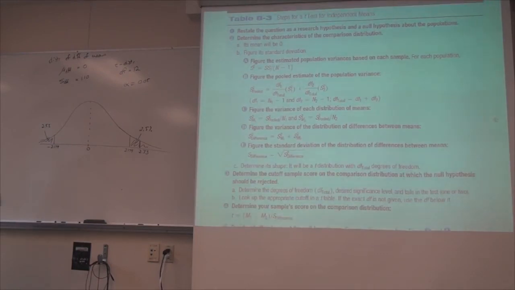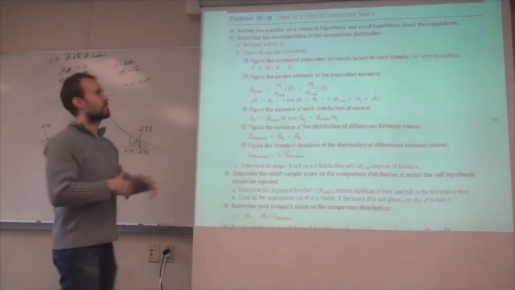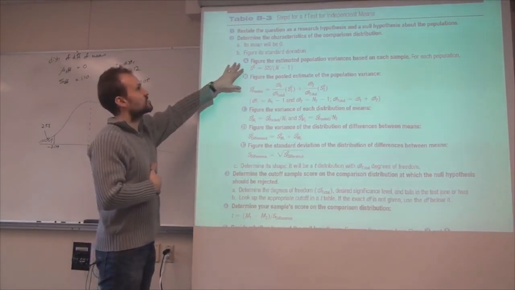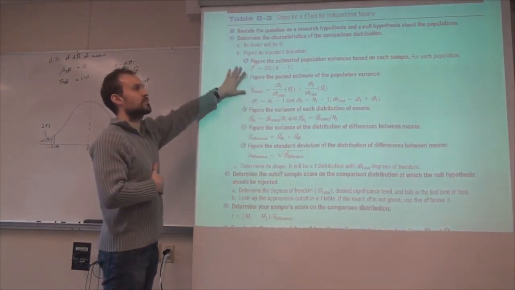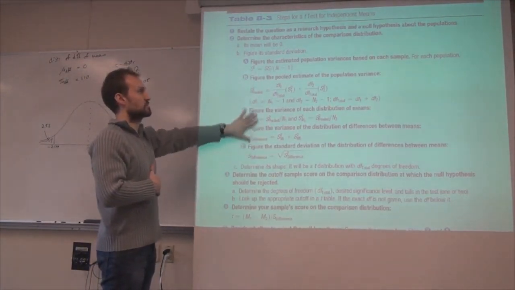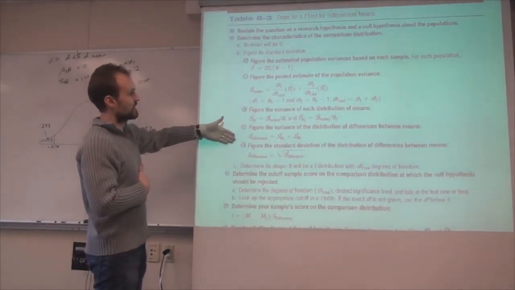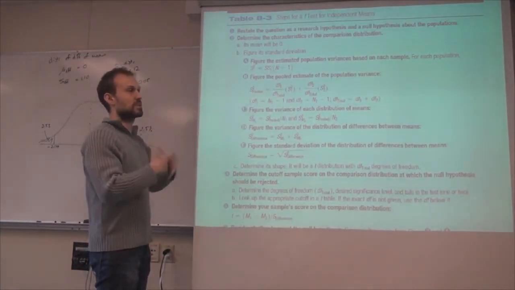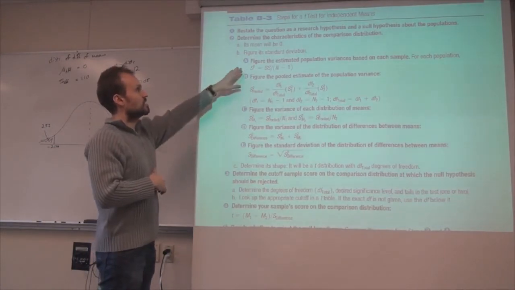So, just to summarize, I'm not going to read the whole thing. We've gone through the steps. The only issue is in finding the standard deviation of the comparison distribution. So you can see it as, they have it as 5 steps. You can think of the steps however you want.